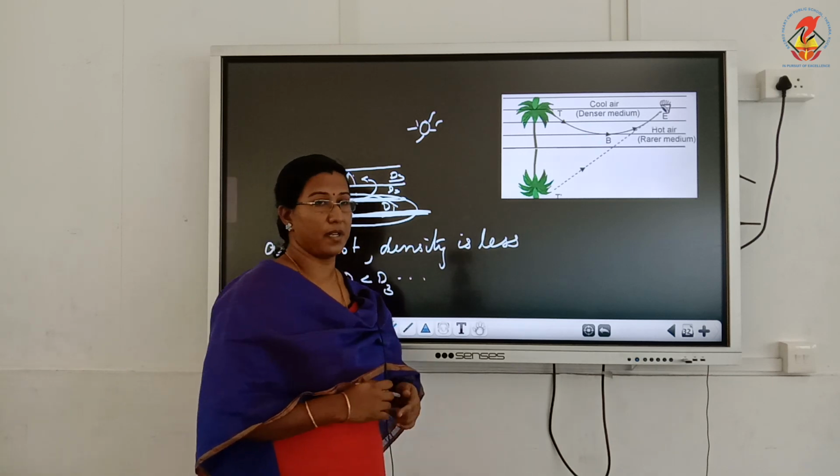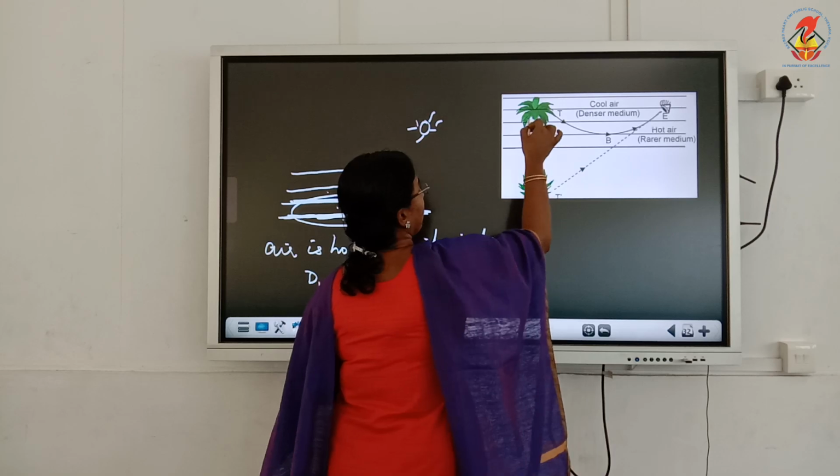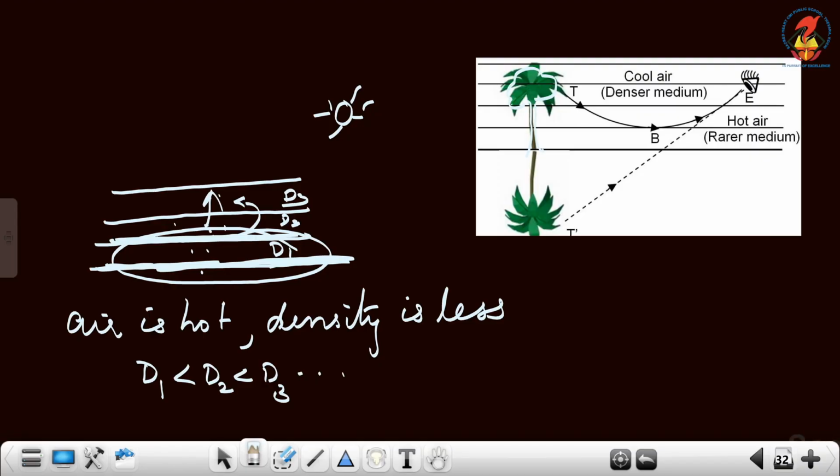Now what creates a mirage? Imagine there is a tree, and the light from the tree is traveling through the different layers of air, as I told you. Now as the light is coming down, what happens? Light is traveling from a denser medium to a comparatively rarer medium.